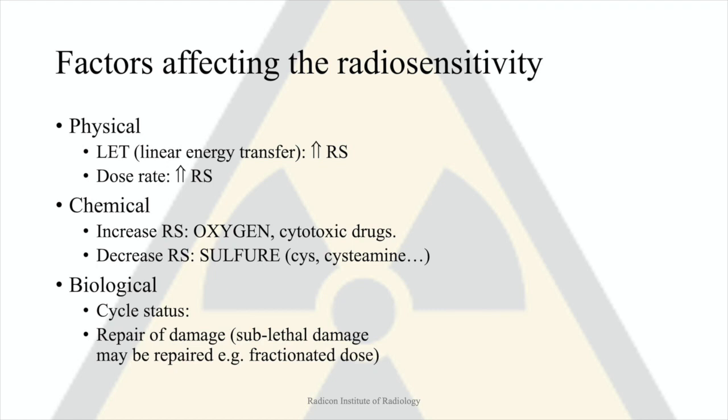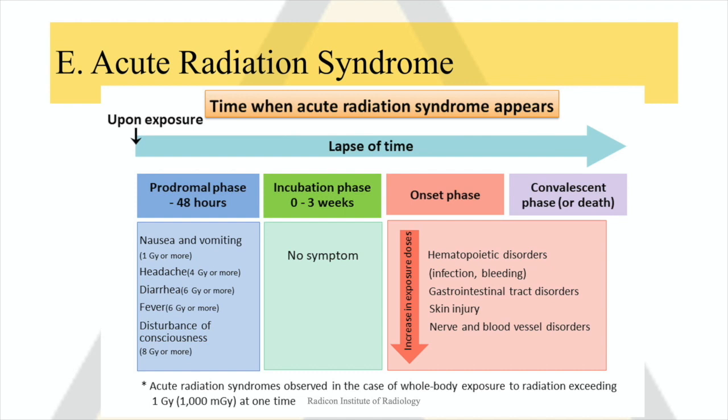Whole body exposure to radiation exceeding 1 gray at one time causes disorders in various organs and tissues. This series of disorders in multiple organs is called acute radiation syndrome. The prodromal symptoms appear within 48 hours after the exposure and depend on the radiation dose.